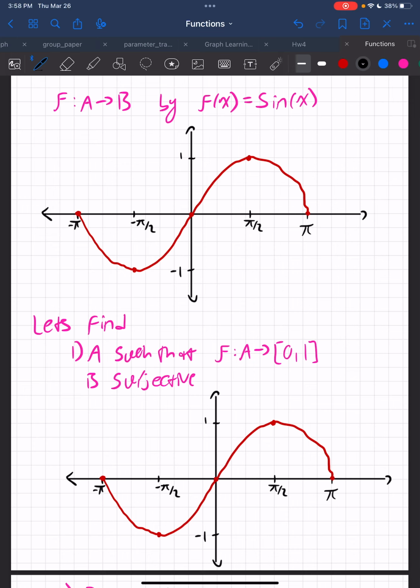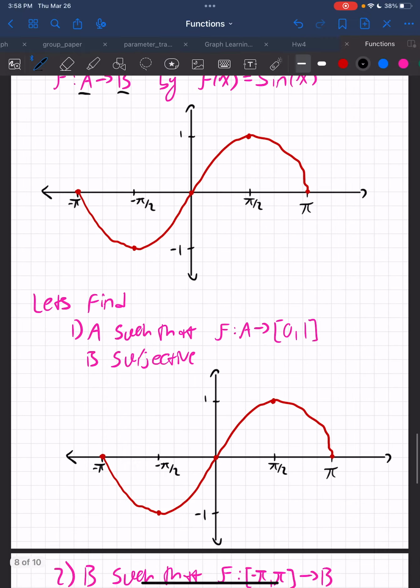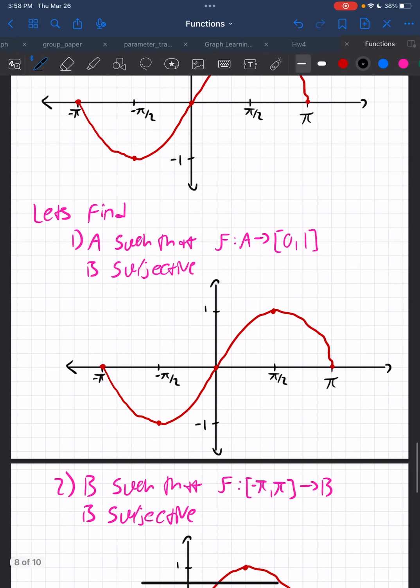All right, let's once again think about the function f of x equals sine x, going from an unspecified domain A to an unspecified codomain B. So why don't we think about how we can choose our domain A such that when our codomain is the interval [0, 1], then f is surjective. So let's look at the graph, and we'll draw what we want the range of f to be.